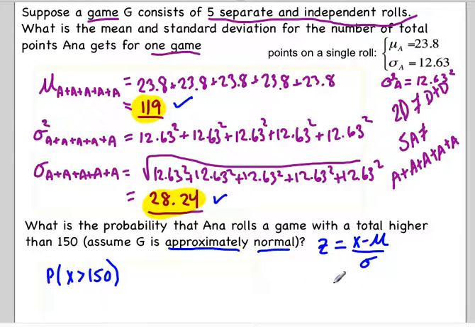Okay, use your z-score formula. So we're going to do 150 minus the mean for a game, which is 119, divided by the standard deviation for a game, which is 28.24.